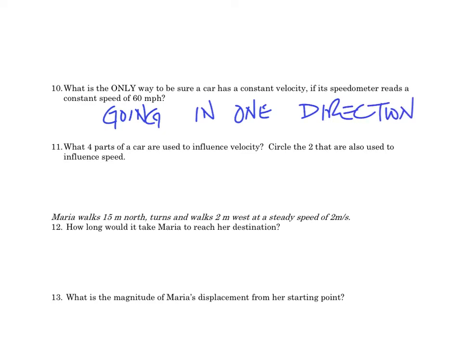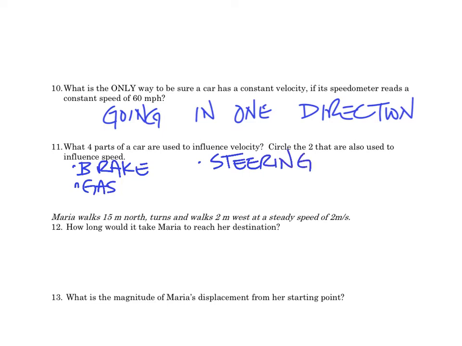All right, number 11. What four parts of a car are used to influence velocity? Okay, well, the brake pedal is one. The brake, the gas will certainly change your velocity. They'll cause you to speed up or slow down. If I turn the steering wheel, okay, I'm changing direction.